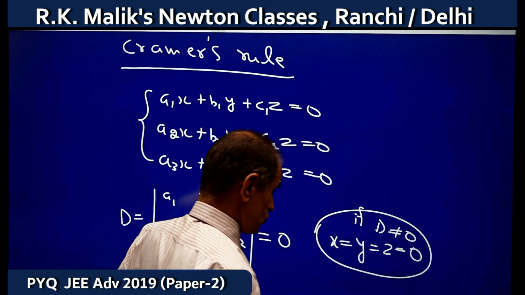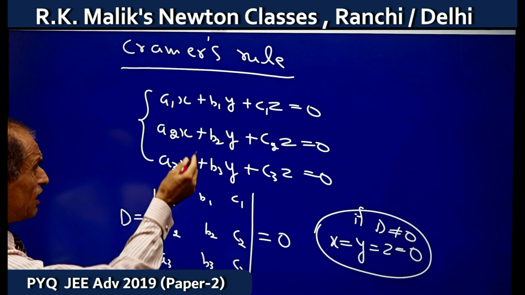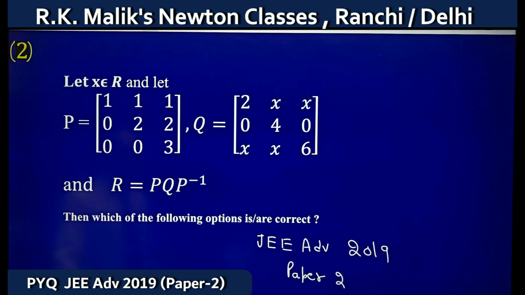But if D is 0, then infinite number of solutions are there. All these concepts I am going to use in the solution to this question.